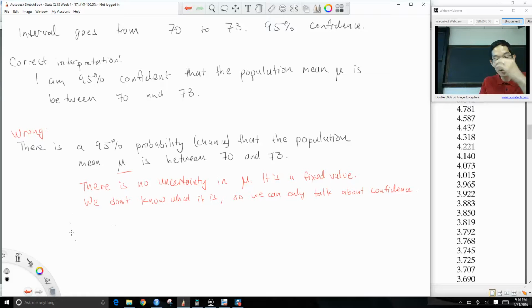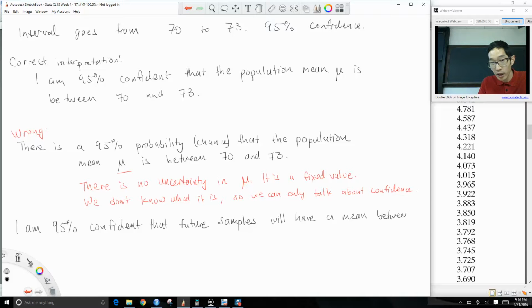Other interpretations that are wrong would be: I am 95% confident that future samples will have a mean between 70 and 73. It says nothing about future samples or future observations.